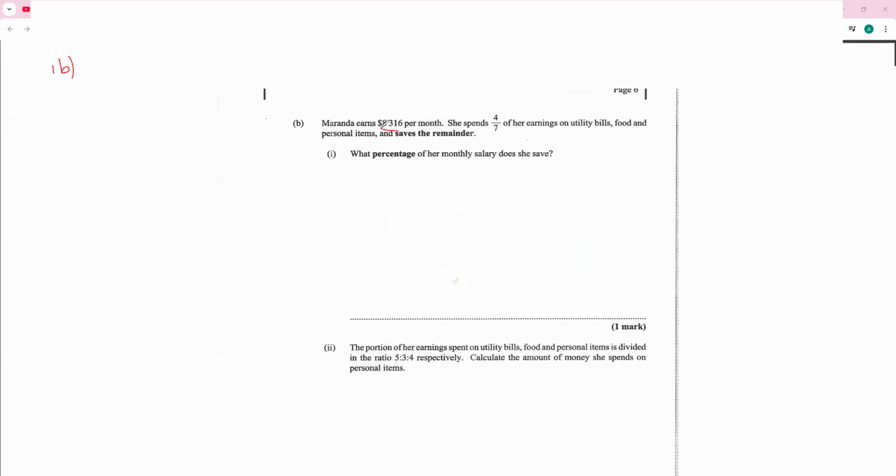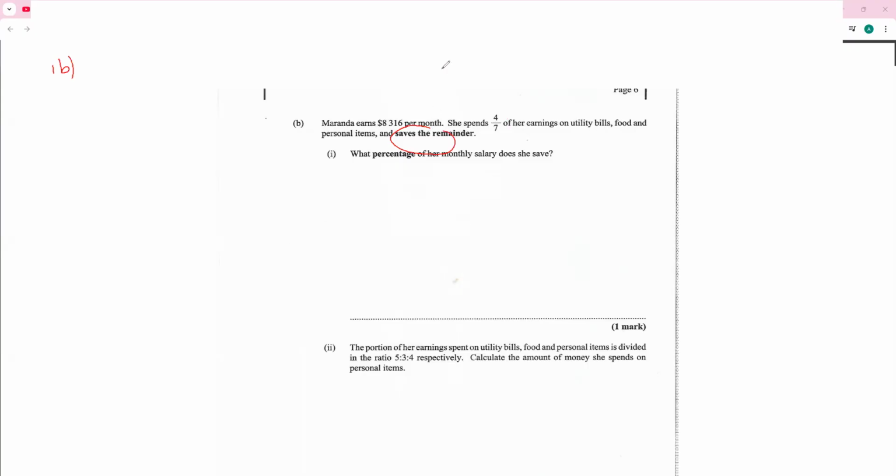Miranda earned $8,316 per month. She spends 4/7 of her earnings on utility bills, food, and personal items, and saves the remainder.